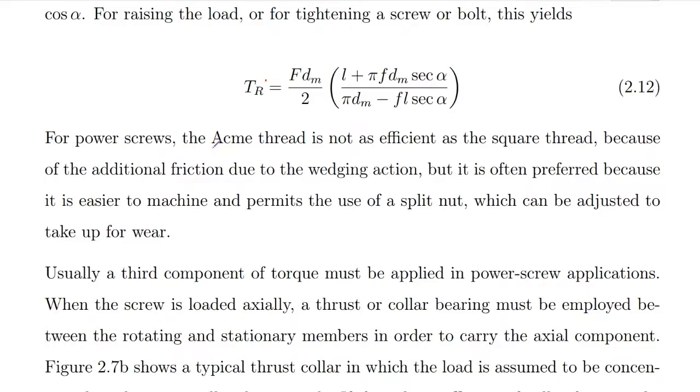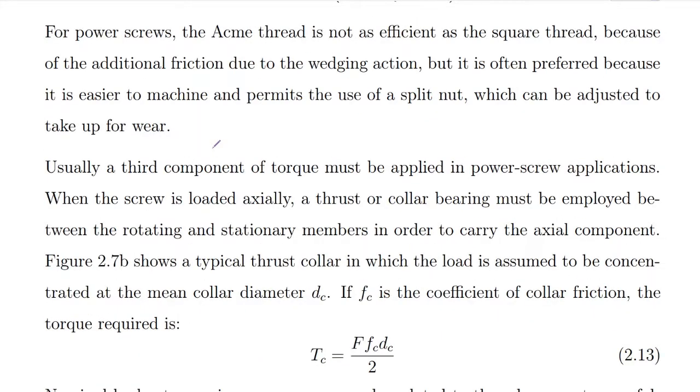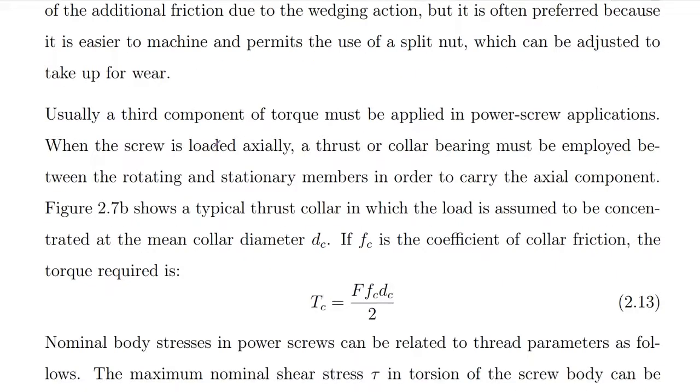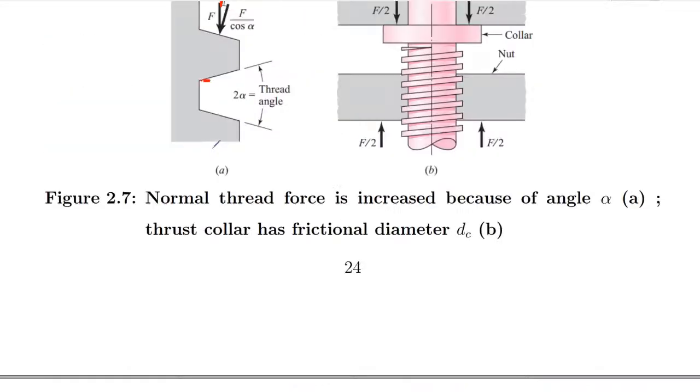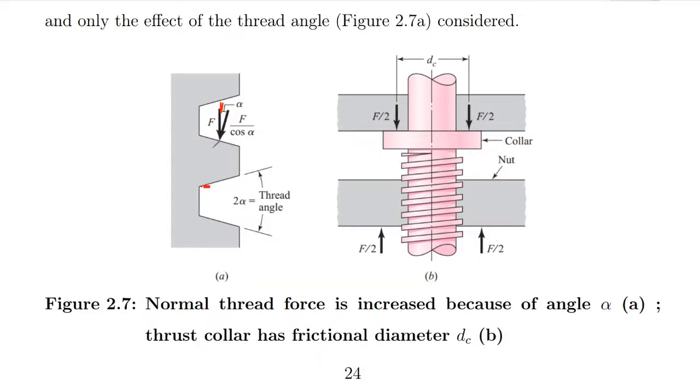Okay. The third component of torque must be applied in power screw applications. Usually, the third component of torque has to be applied. And when the screw is loaded axially, a thrust or collar bearing must be employed between the rotating and stationary members in order to carry the axial component of the load. Okay, and we can see that from this diagram here. So in this diagram, we have a collar here.